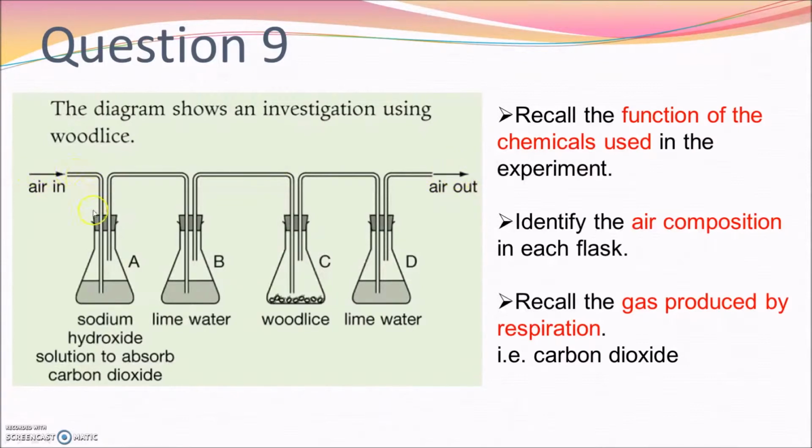So that means air in A, out of A, in B, out of B, in C, out of C, and in D, out of D. For this question it tells you, but some questions may not. They may just leave these two parts blank and ask you which part should be air in and which part should be air out.